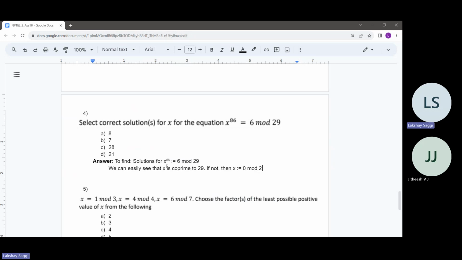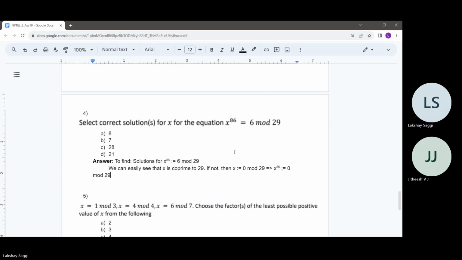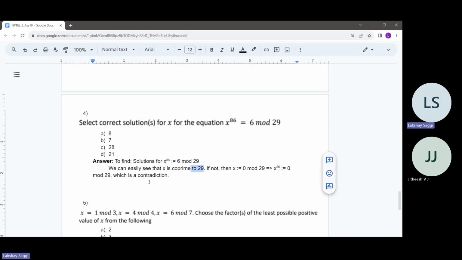So x is congruent to 0 mod 29, which will imply that x raised to the power 86 is congruent to 0 mod 29, which is a contradiction. So that's why x is co-prime to 29.